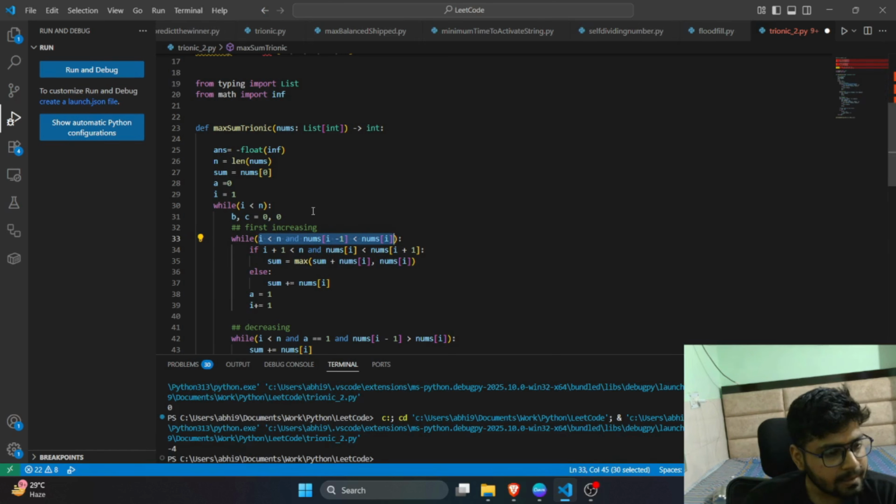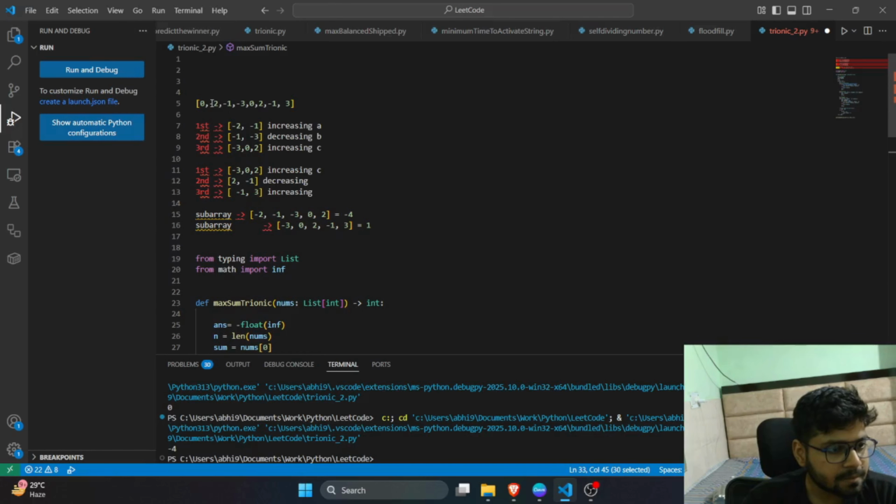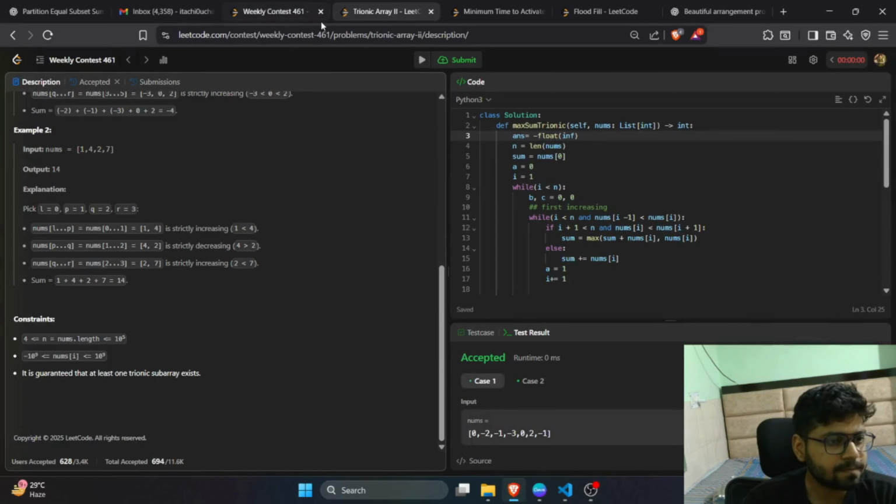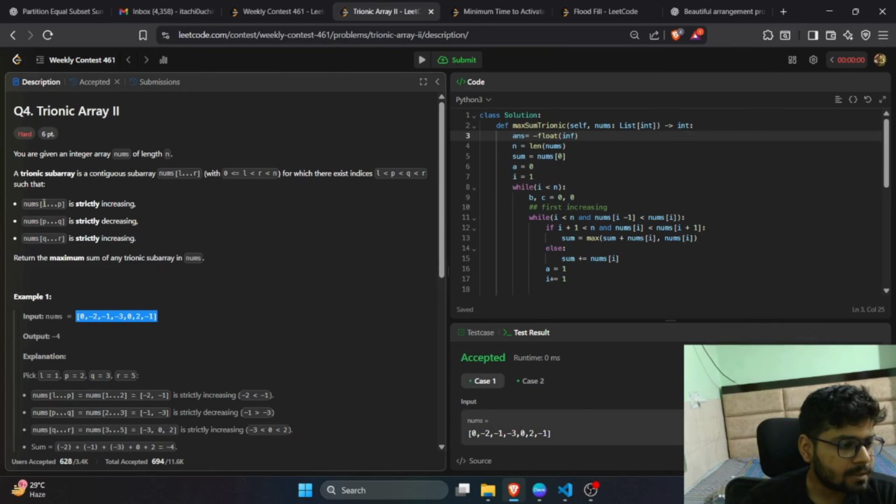And if the next-to-next value is also increasing, then we'll check whether the sum is greater or not, because as you can see in the question, we have three indexes from which we are deciding the range of the subarray.